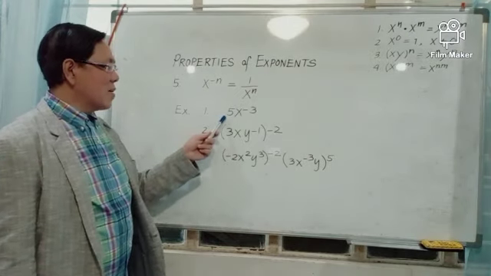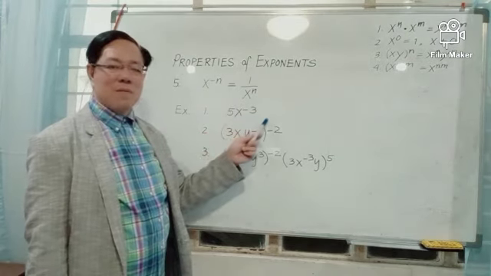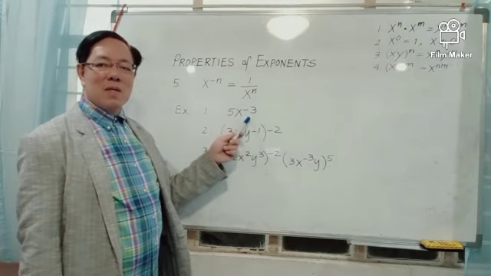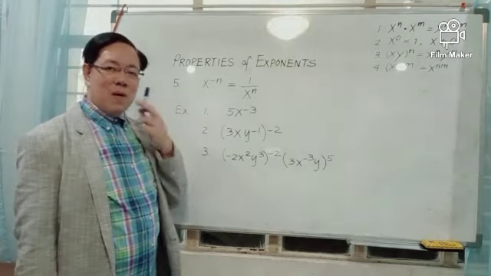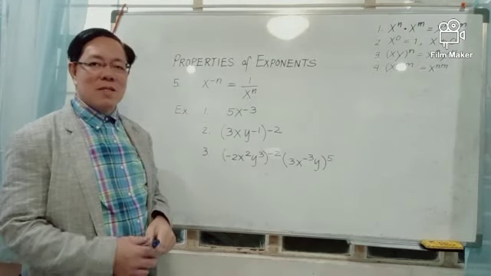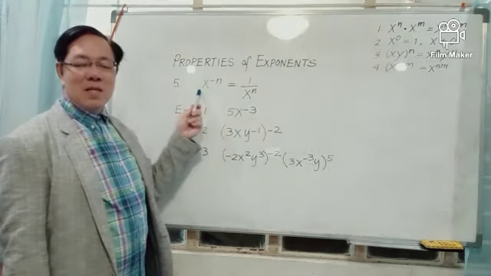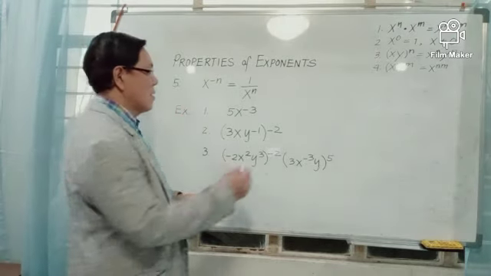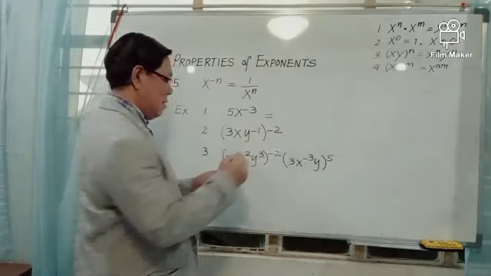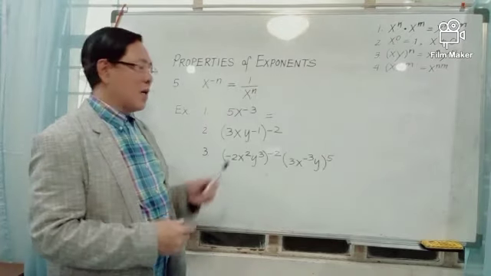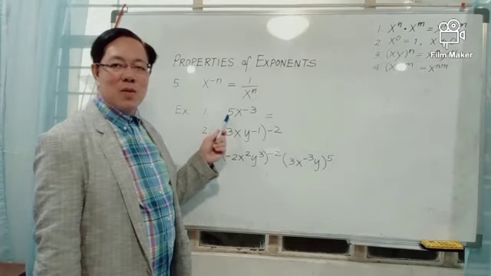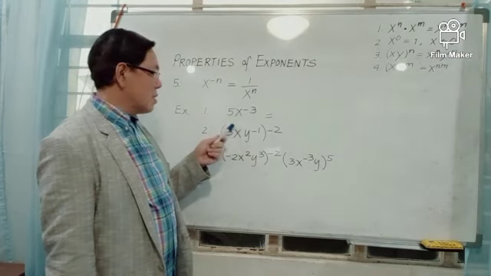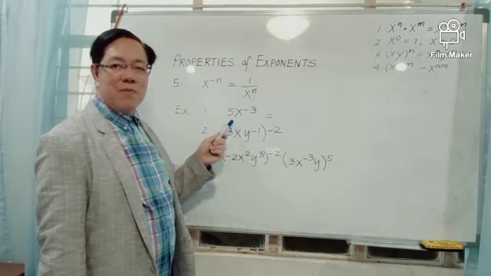Number 1, 5x to the negative 3. We want to remove negative 3 from here, from the exponent of x. And to do that, we apply this property, P property of exponent. The numerical coefficient 5 will remain in the numerator. And x to the negative 3 we bring down to the denominator of 5.